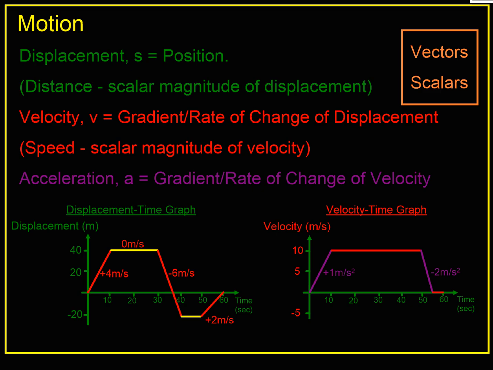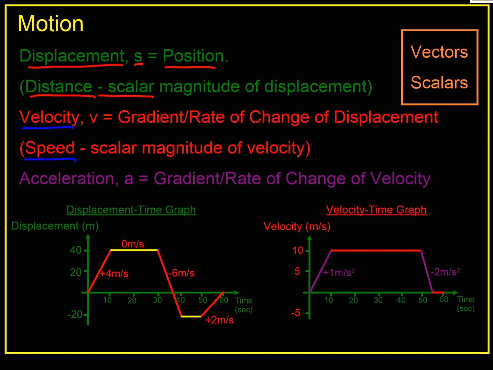Okay, here's my quick summary of the situation for you to stop the video, take an image of it, whatever you want at this point. Our key points are: we've got our new term displacement, with the symbol S, which tells us what our position is, and it's a vector quantity, as opposed to distance, which is the scalar equivalent. We've got velocity, which is our vector quantity for movement or rate of change.